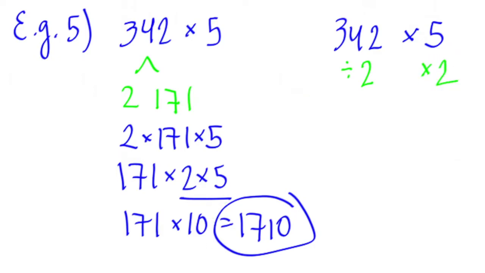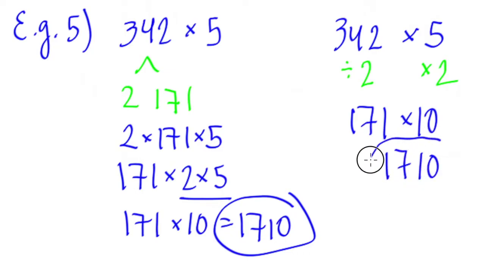So if we have this 342, the answer is clearly here, 171. If we double the 5, that's 10. And that will clearly lead us to the answer. So that's a shortcut in multiplying when one factor is 5.